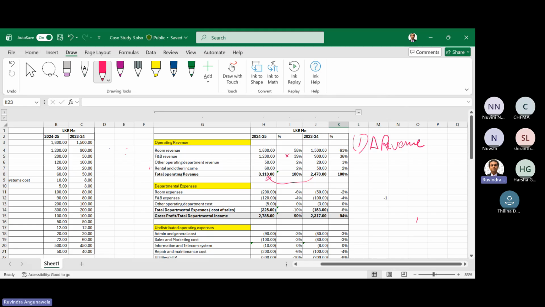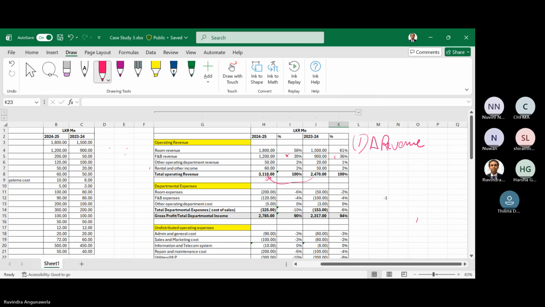In 23-24, only 36% was given by the F&B revenue, and rooms contributed 61. So the contribution from F&B revenue to the total revenue composition of 24-25 has increased. F&B has gained more significance here. And rooms, on the other hand, has gone down in terms of contribution as a percentage of the overall component.